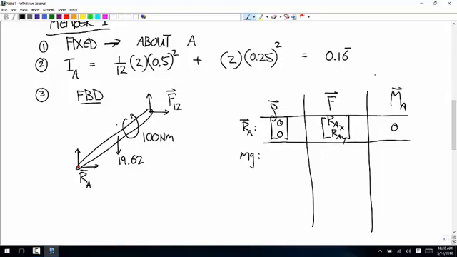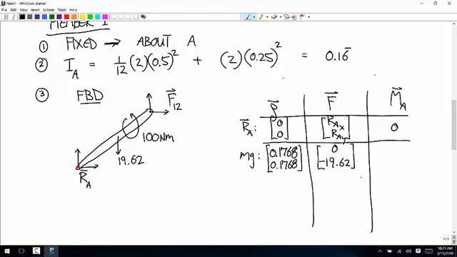So that is 0.1768, 0.1768. Force vector is 0, negative 19.62.